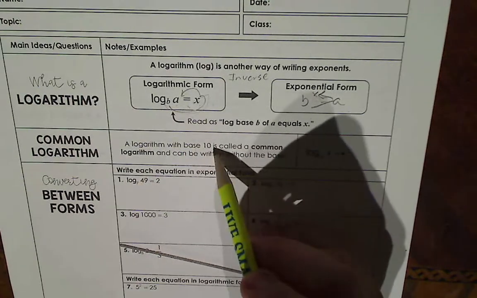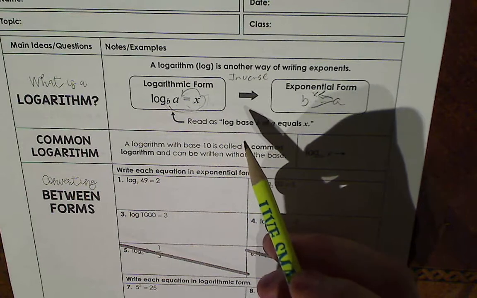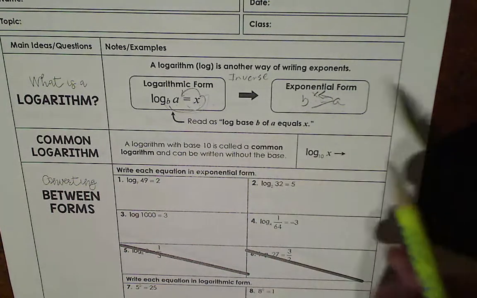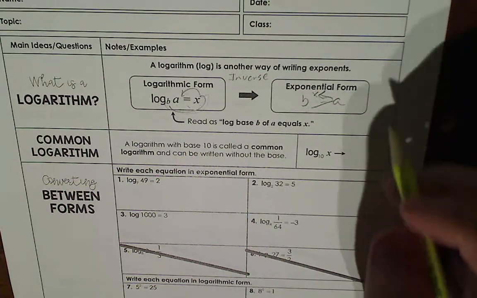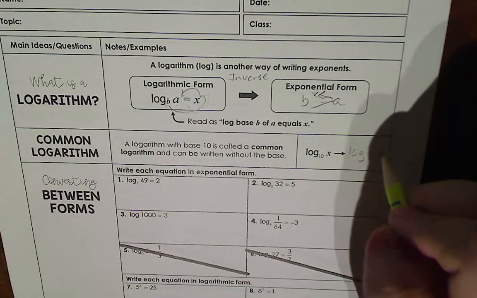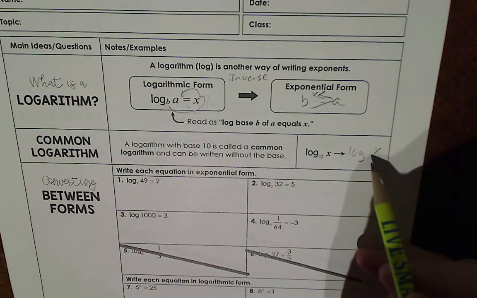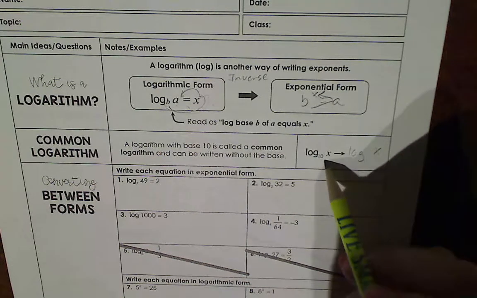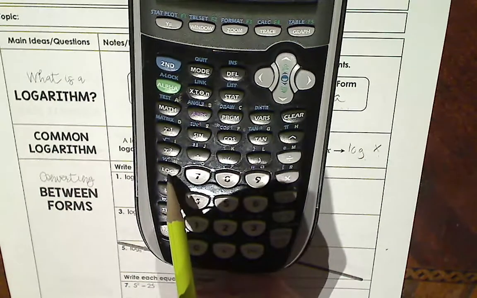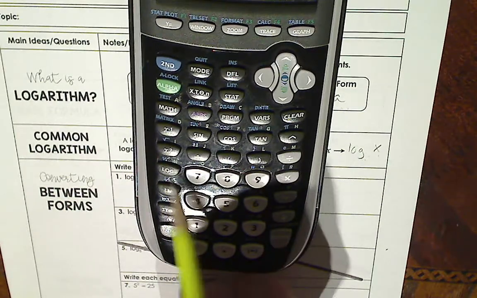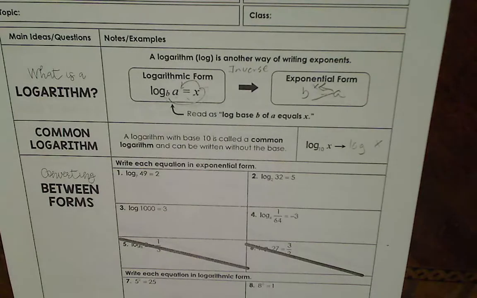Common log is automatically base 10, which is what most of your number systems are written in. It can be written as log of x without writing the base 10, so if it's log of x, it's understood to be base 10. Your calculator works in base 10, so this log button is a base 10 log. There are different kinds of bases: base 2, base 3, base e, base 1,000, depending on what you're working with.